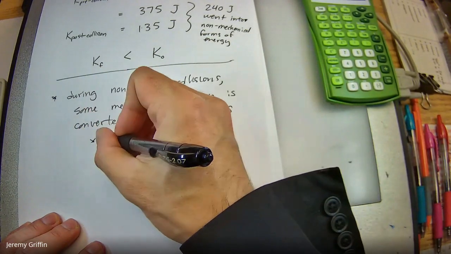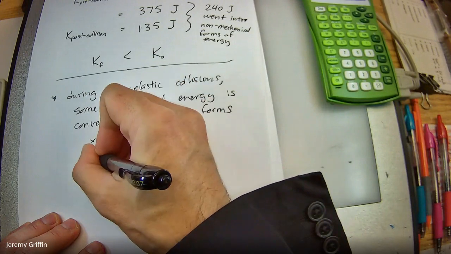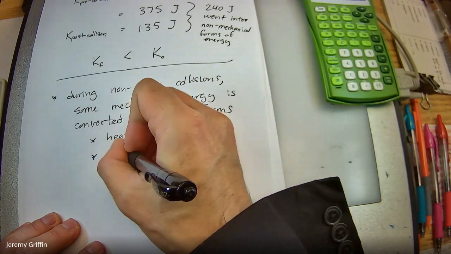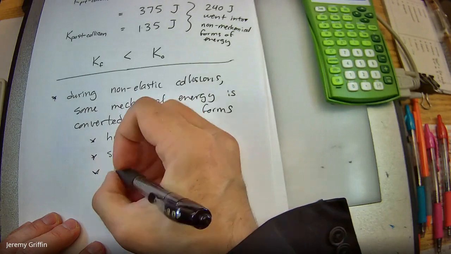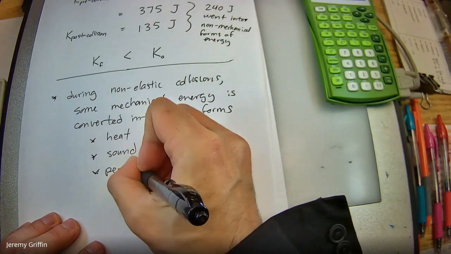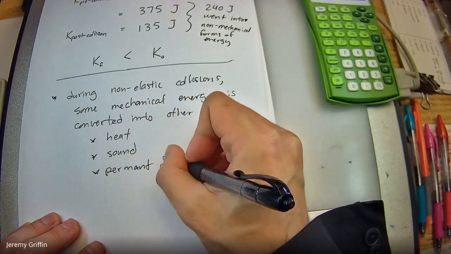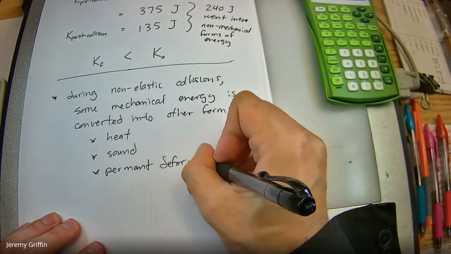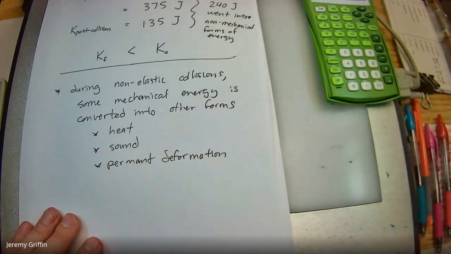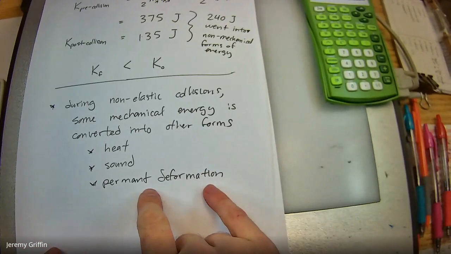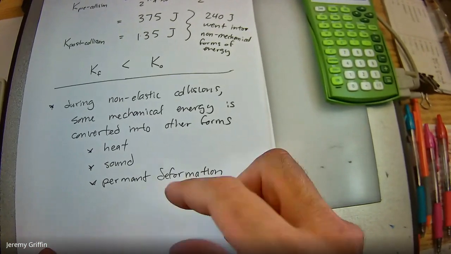We're talking about heat, sound, permanent deformation. Fire a bullet into a block of wood, it has to permanently deform that wood and press the fibers out of the way. A lot of energy goes there.